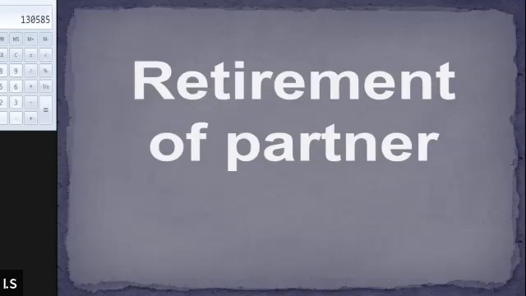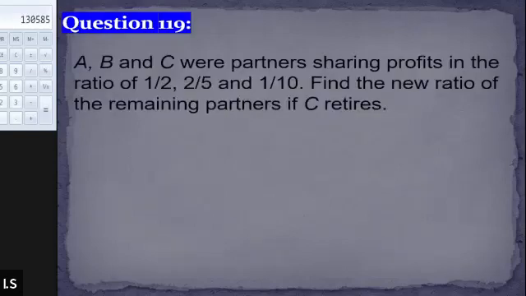All right, so let's start understanding the effect of retirement, how retirement affects the calculation of the profit sharing ratio. So in order to understand that, let's quickly start with the question. Since you already know the meaning and basic concept regarding the retirement, I'll directly start with question number 119, which says that there are three partners A, B, and C, and their profit sharing ratio is 1/2, 2/5, 1/10.